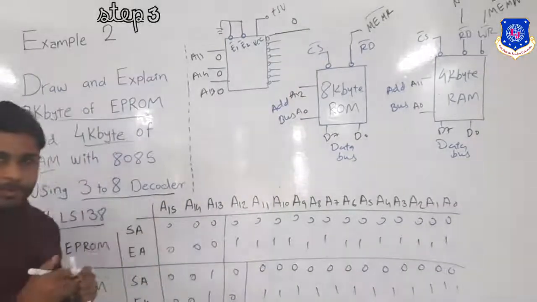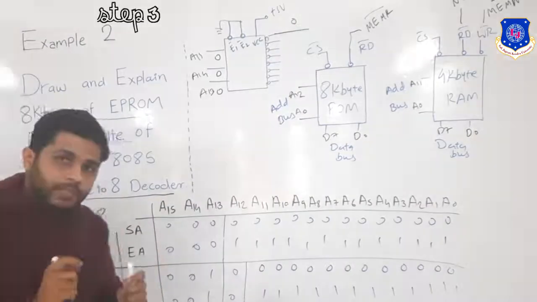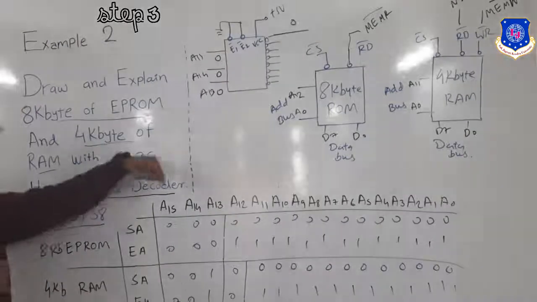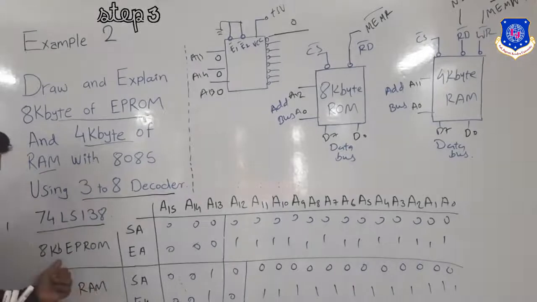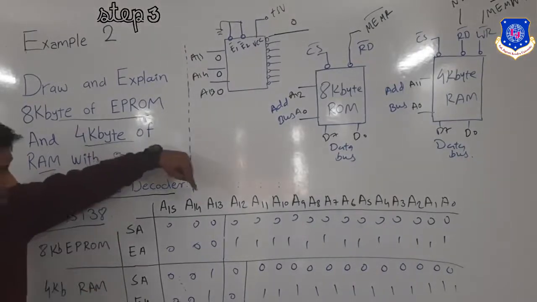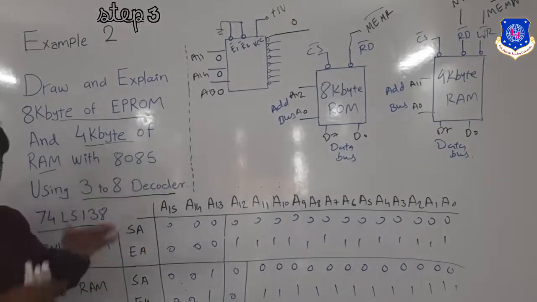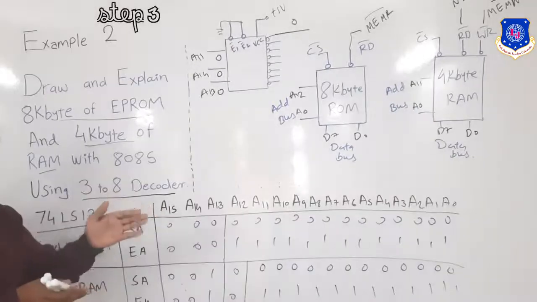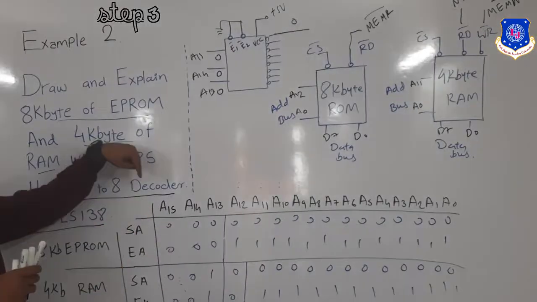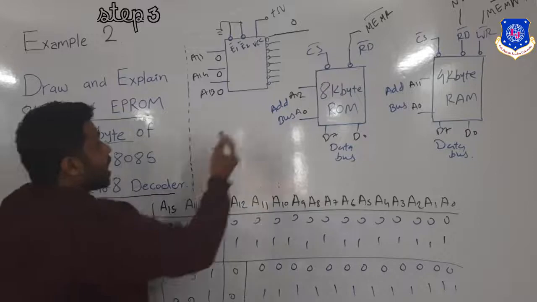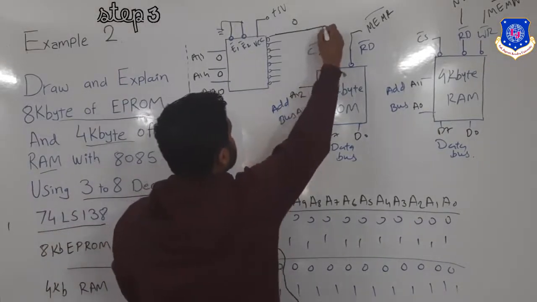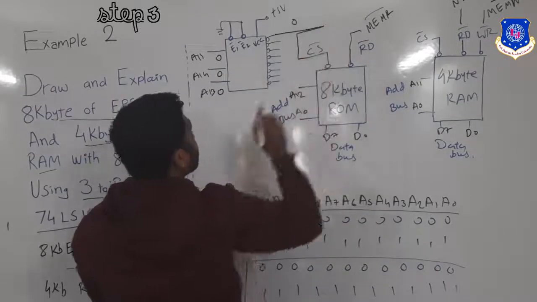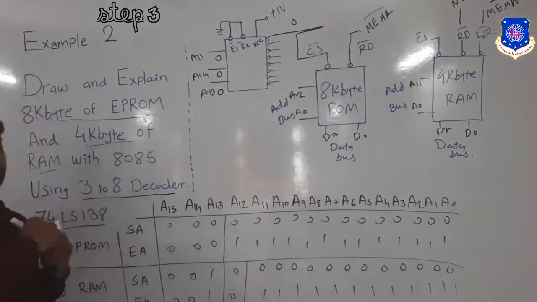Now if you see in the memory map, in which chip is the value of A13, A14 and A15 0, 0, 0? For the 8 KB EEPROM, the value of A13, A14 and A15 is 0, 0, 0 throughout the range. It means when the value of A13, A14 and A15 is 0, 0, 0, the output should be connected to the chip select of the 8K byte EEPROM.